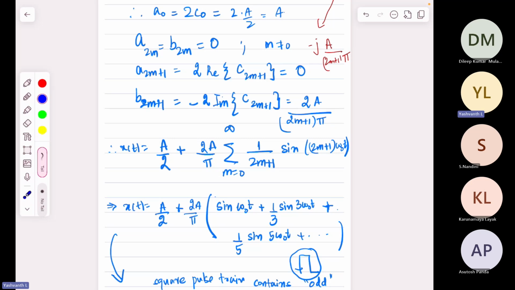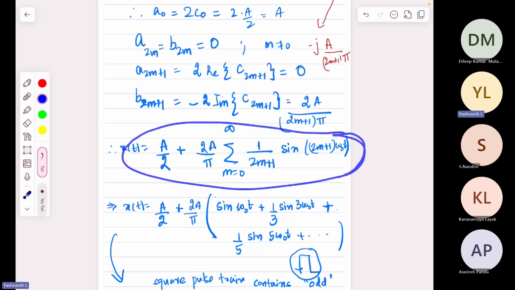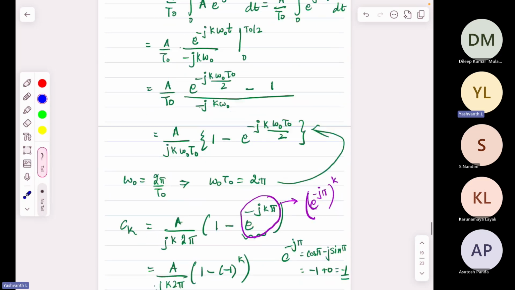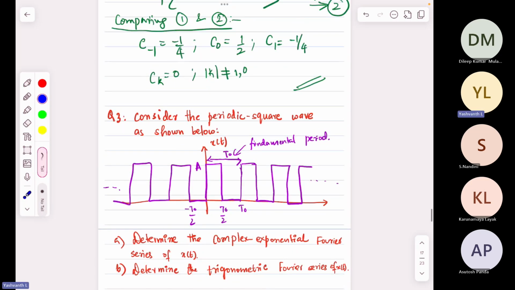So now let me clarify one thing. Intuitively, there is one short trick to verify whether this answer can be correct or not. Go back to the actual signal x of t. This has some structure like this, right? And if you take x of minus t, you can show that this is equal to minus x of t.